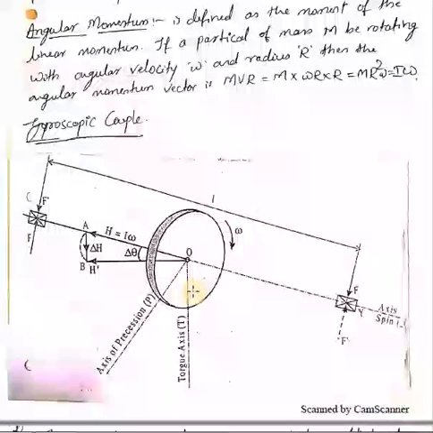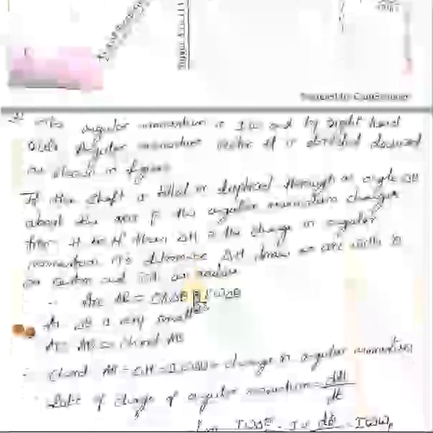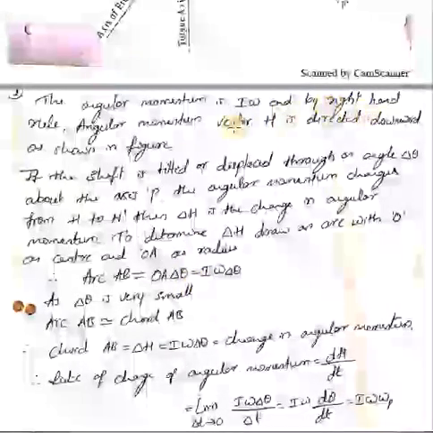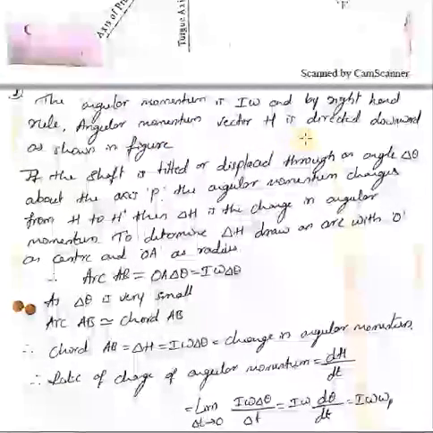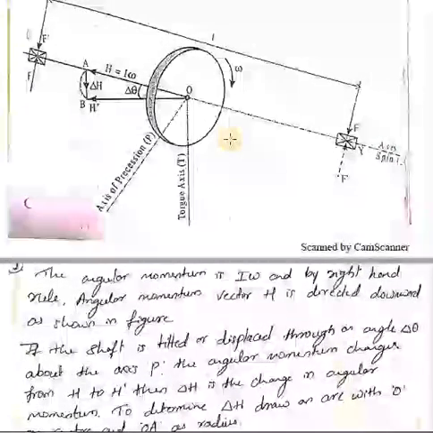Now we can write the angular momentum equation. The angular momentum is given by I into omega, and by the right hand rule, the angular momentum vector, that is h, is directed downward, as shown in the figure.